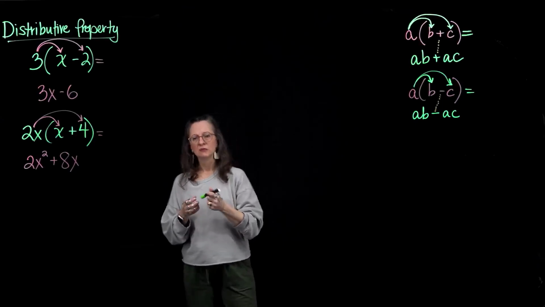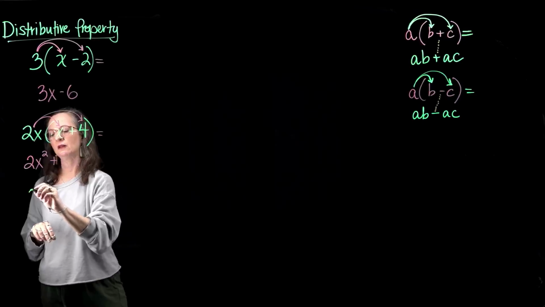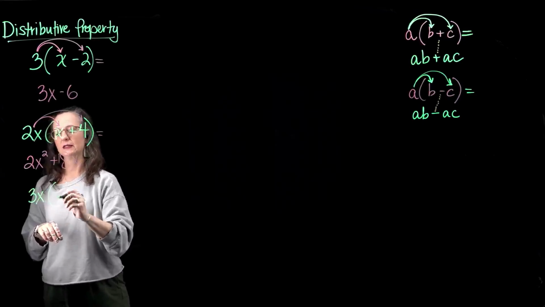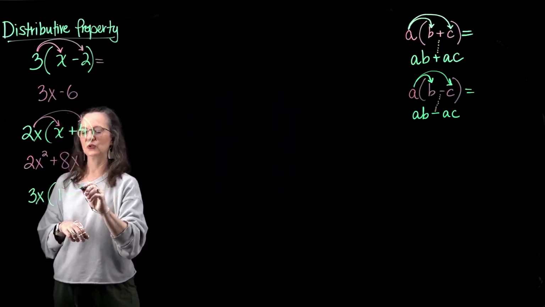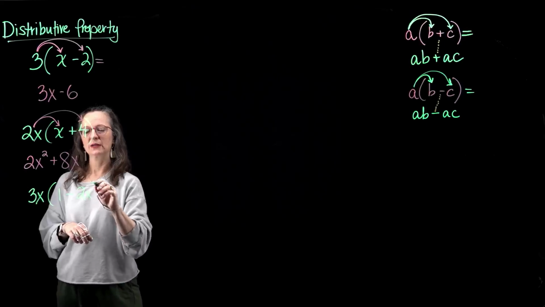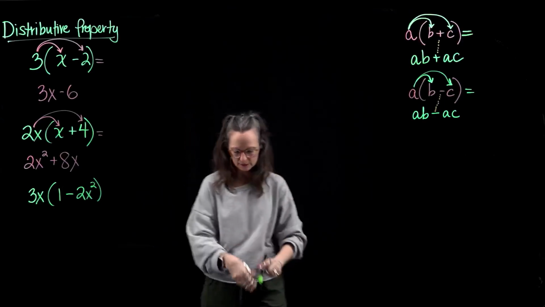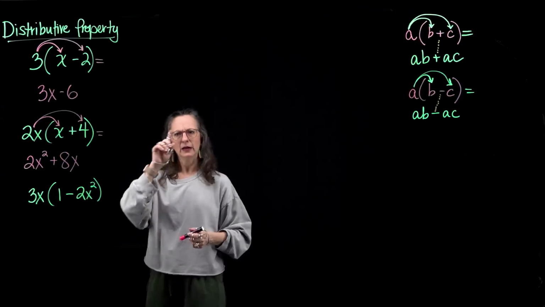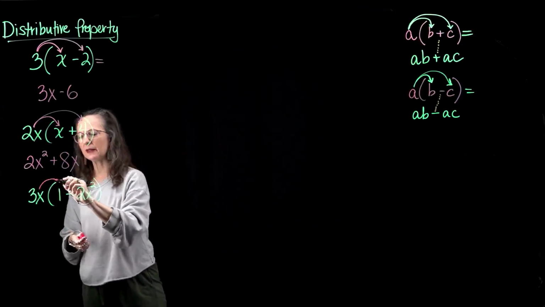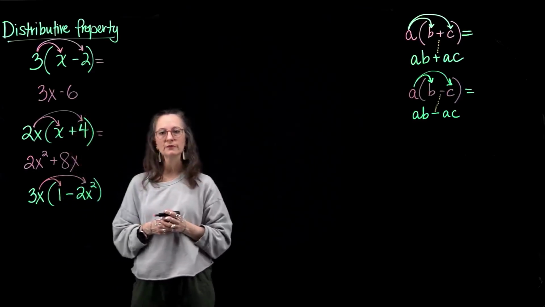All right, let's look at another one. What if I have 3x and I'm going to multiply it by 1 minus 2x squared? Let's just make it one more complicated. Now, even though that's a 1, I'm still going to multiply it by 3x. We're still going to use the same rules.